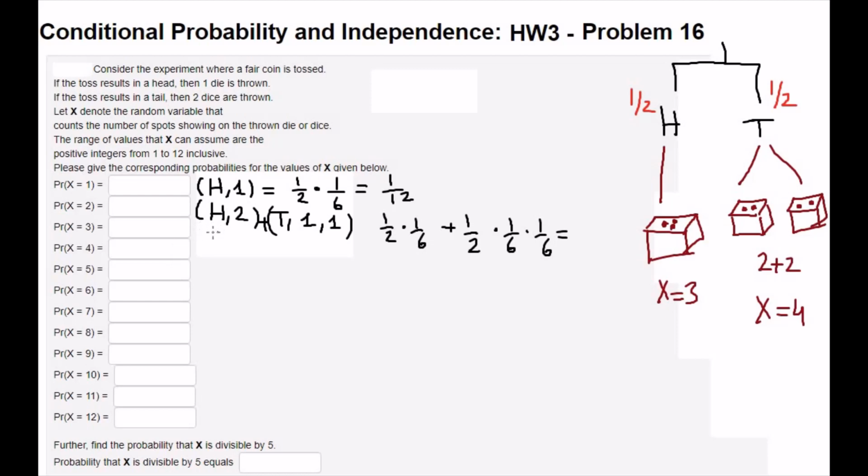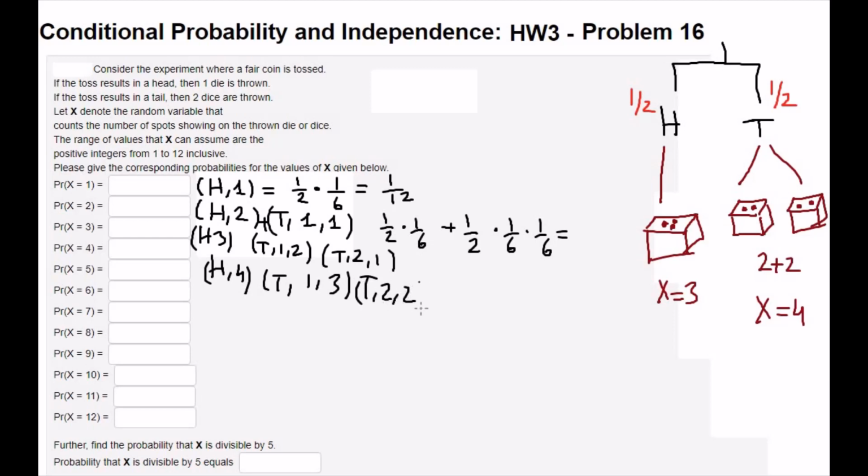For x equals 3, we have head 3, or tail 1, 2, or tail 2, 1. For x equals 4, we have to throw head 4, or tail 1, 3, or tail 2, 2, or tail 3, 1.